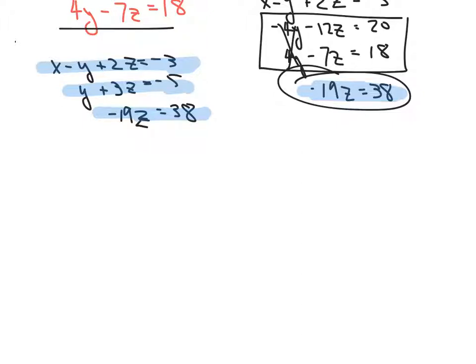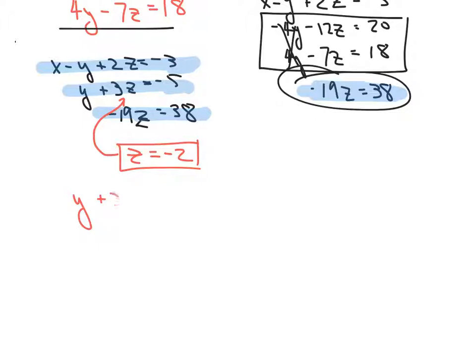Alright, right here we have one variable, one equation. So our answer to this becomes z equals negative 2. Okay, so we know one of our answers of the xyz. Now we take that negative 2 and put it in here.